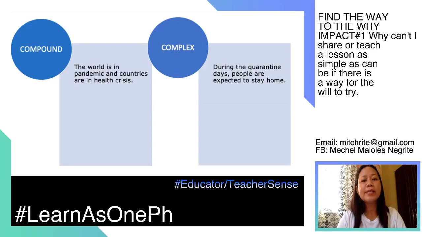As you can see on the next slide, I have the two kinds of sentences, beginning with the compound sentence, and then the next one is the complex sentence. These sentences were taken from the text that we read earlier. In the compound sentence, we have: the world is in pandemic and countries are in health crisis. On the other hand, in the complex sentence, we have: during the quarantine days, people are expected to stay home.